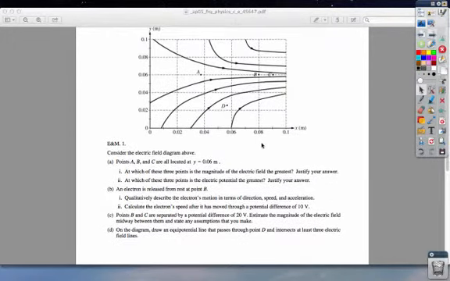All right, for part D, we're supposed to sketch an equipotential line that passes through point D and intersects at least 3 electric field lines. So here's point D. Now, we have to remember that potential lines are perpendicular to field lines, so that's basically what we're going to try to estimate here.